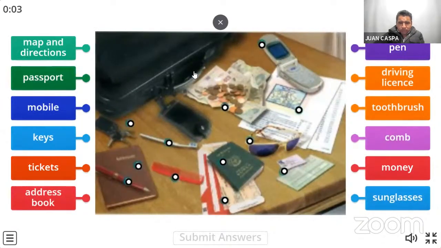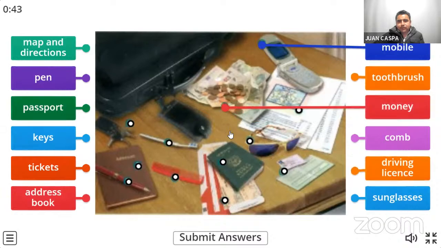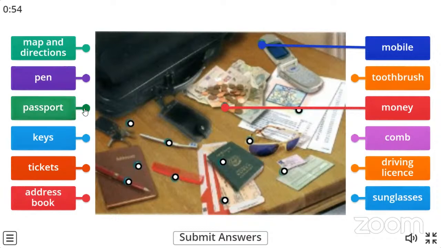Okay, usually when we travel, what items? For example, there are many things, right? But what about this? What is this one? Mobile, a mobile. Mobile, yes. And how about this? When you travel, you have to take some money. Money, yes, money, we say, right? How about this green one? Passport. Very good.